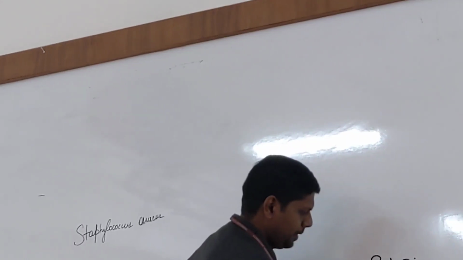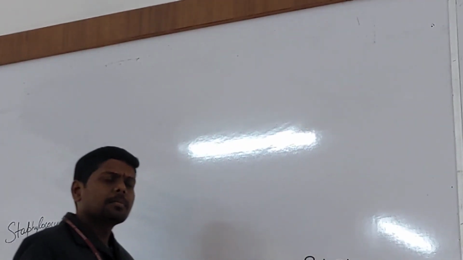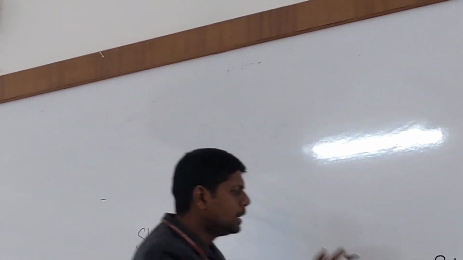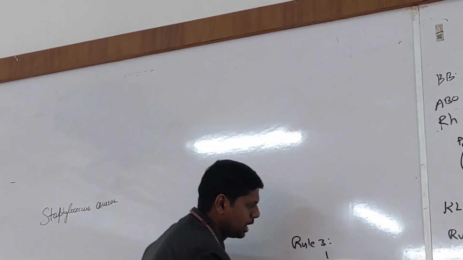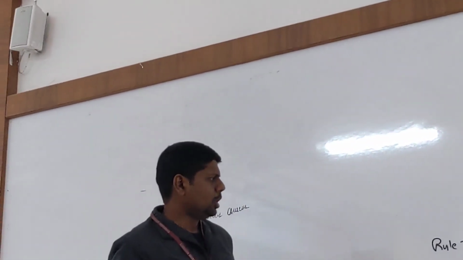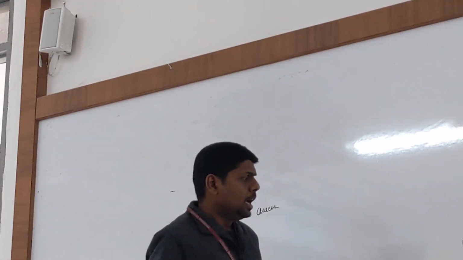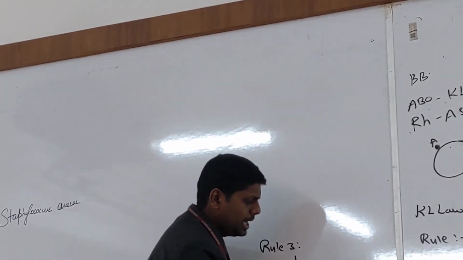Keep in mind. This rule 3 is saying that, see here, this guy is donor and he is a recipient. That means he is going to donate back to this person. So now, rule 3 states that recipient should not have any antibodies.